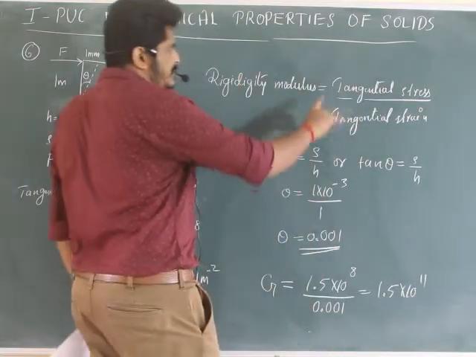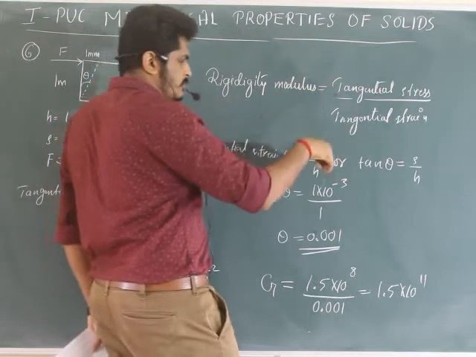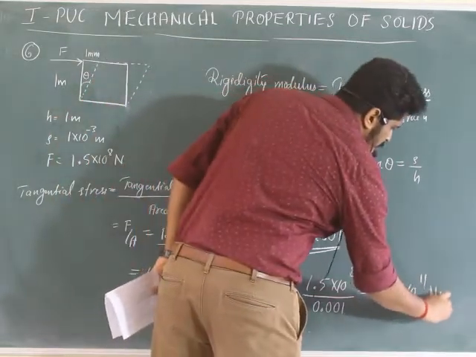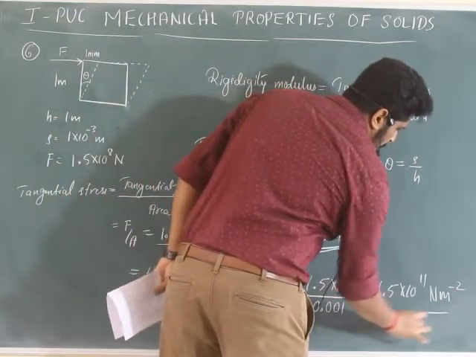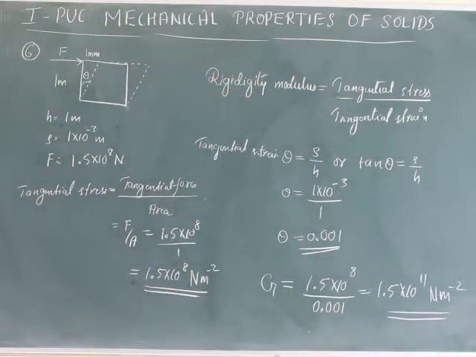What is this? Stress by strain. Strain means unitless. Stress has a unit, Newton per meter square. So Newton per meter square is the final answer. Hope this is clear.